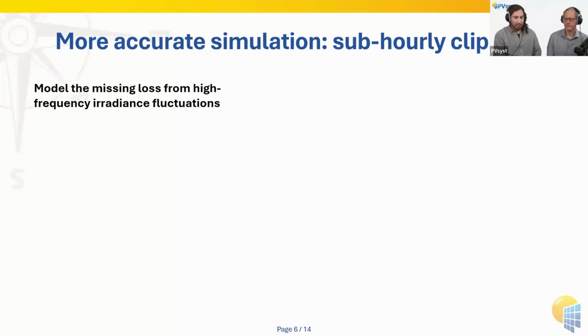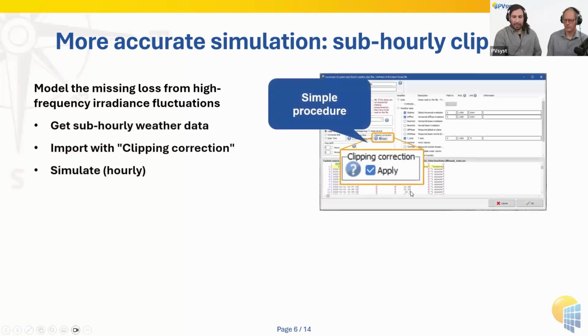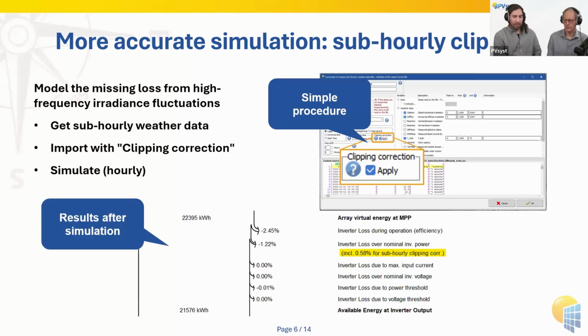We have the possibility to upload a sub-hourly time series to PVsyst. And with the new functionality, which just necessitates checking a box that states clipping correction, we will store some information on the sub-hourly scale that we will then use in the hourly simulation. This information will then allow us to model the missing clipping losses that we would not have seen in version 7.